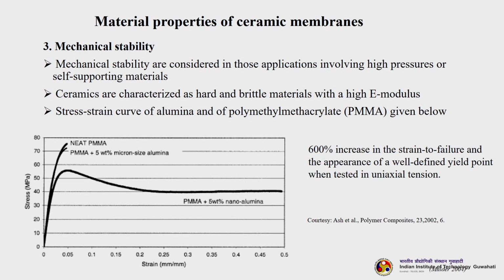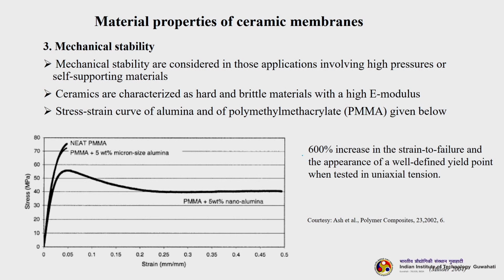Then mechanical stability is considered in applications involving high pressure or self supporting materials. Ceramics are characterized as hard and brittle materials with a high elastic modulus. You can see the stress strain curves of alumina and of PMMA, which is polymethyl methacrylate, given below. What it says is that when you add 5 weight percent nano alumina to the PMMA, the strain to failure has increased to 604%.